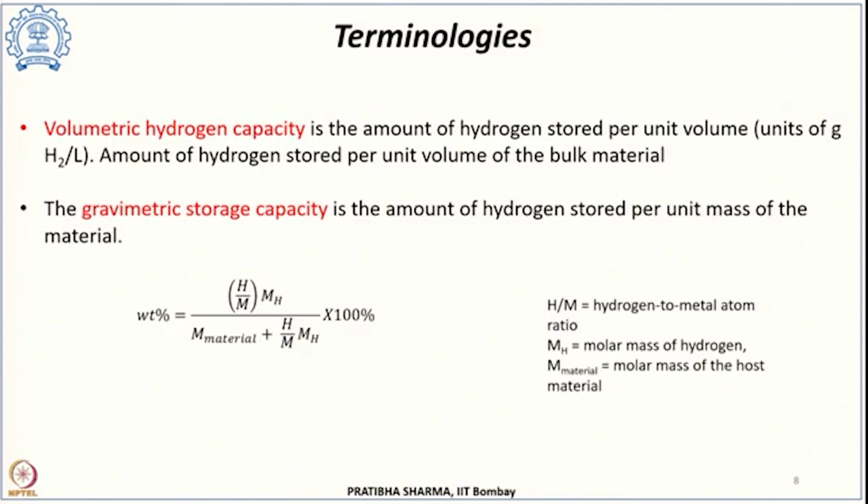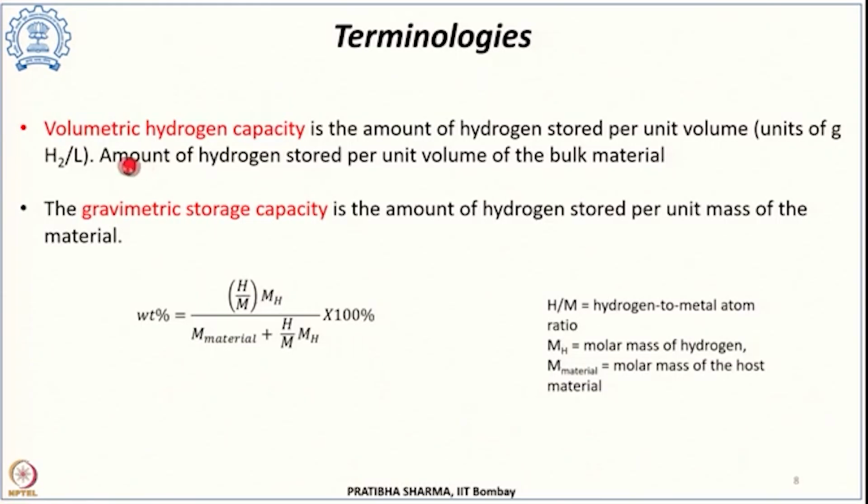If it is system based, then it will be the system volume. If we are reporting for the material, then it will be the material volume. The amount of hydrogen stored per unit volume of the bulk material is considered when we are talking about the material based volumetric hydrogen storage capacity.